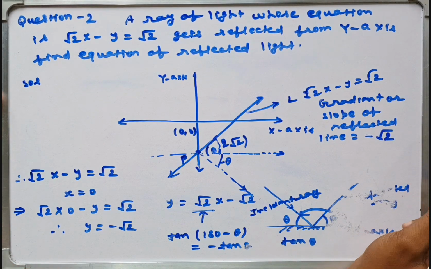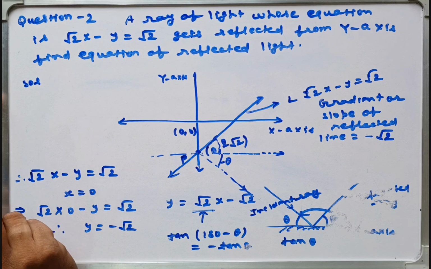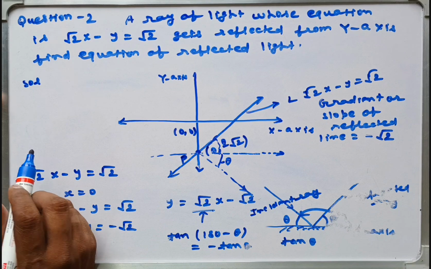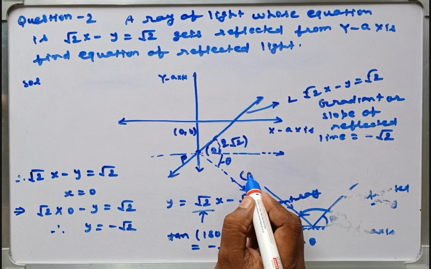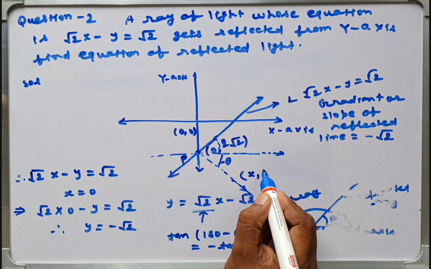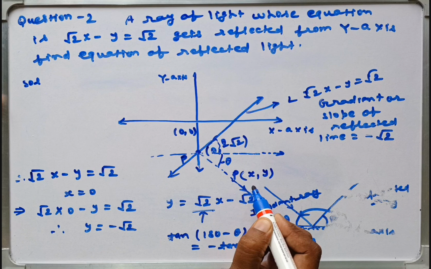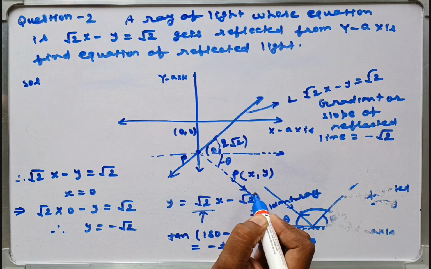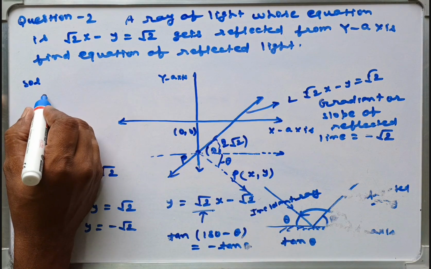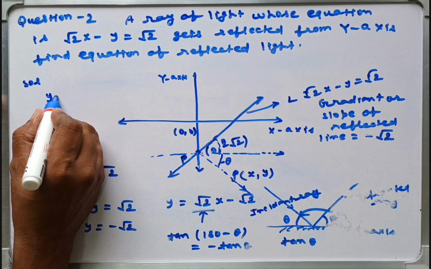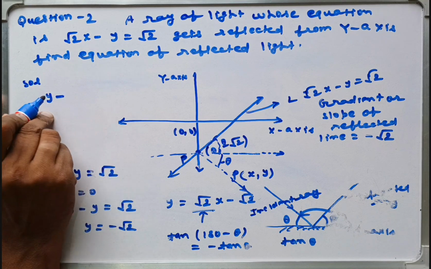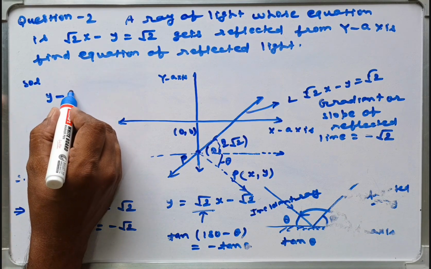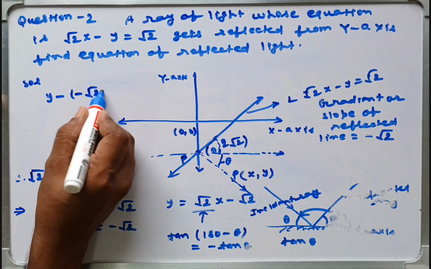So what will be the equation of the reflected light? If we consider one arbitrary point (x, y) on this reflected line, then the slope will be y minus minus root 2, which is the vertical distance between the two points, divided by x minus 0, the horizontal distance. This must equal minus root 2.